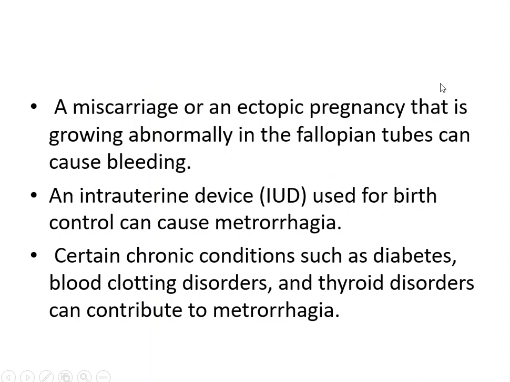Ectopic pregnancy is when the fertilized ovum gets implanted outside the normal uterine cavity, for example in the fallopian tube, the cervix, or the abdomen. It grows abnormally outside the uterine cavity and can cause bleeding.